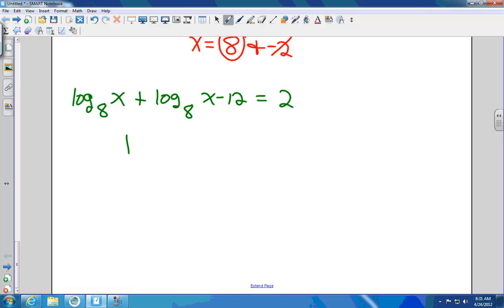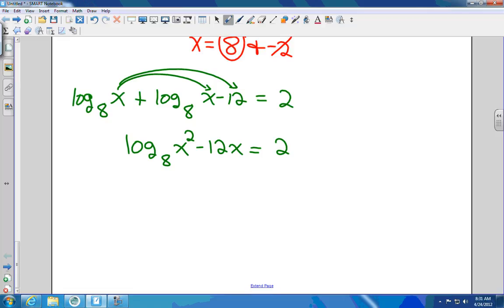So we're going to combine log base 8. You can multiply these two, and that would give you x squared minus 12x equals 2.